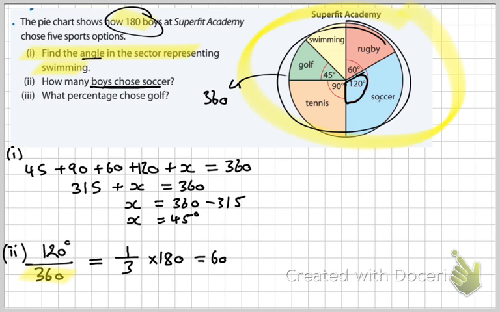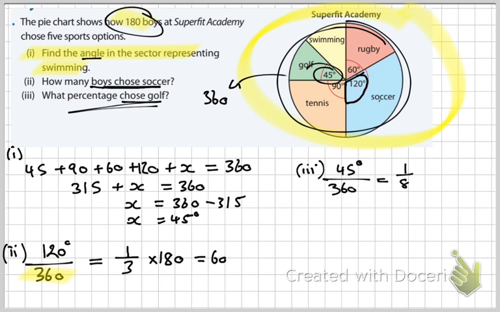Okay, and then our last part, part 3, it said, what percentage chose golf? Well, golf is 45 degrees. So that is 45 degrees out of a possible 360 degrees. So 45 out of 360 gives me 1/8.